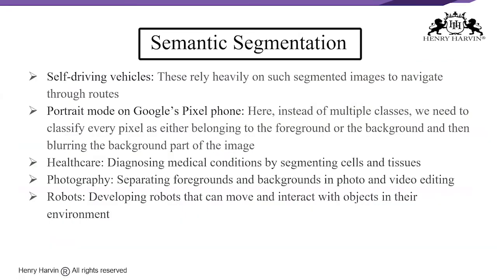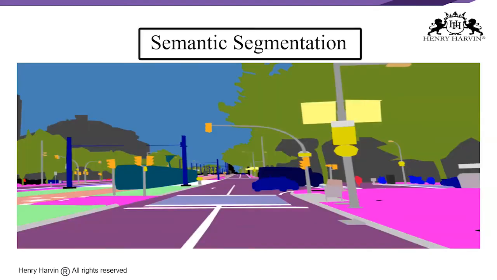And these rely heavily on such segmented images to navigate through roads. So we need to equip cars with the necessary perception to understand their environment so that self-driving cars can safely integrate into our existing roads. Just imagine that we are using autonomous vehicles, and then definitely it should be able to do all this labeling, right?